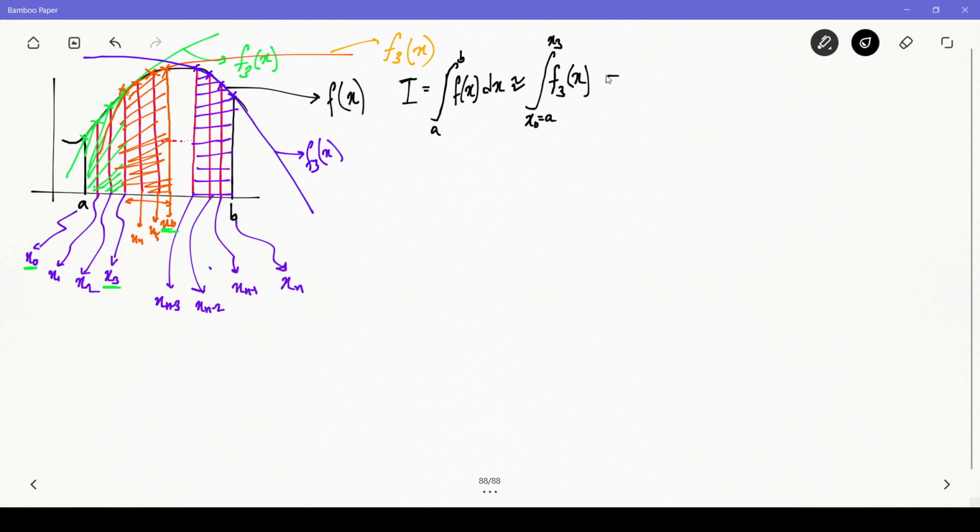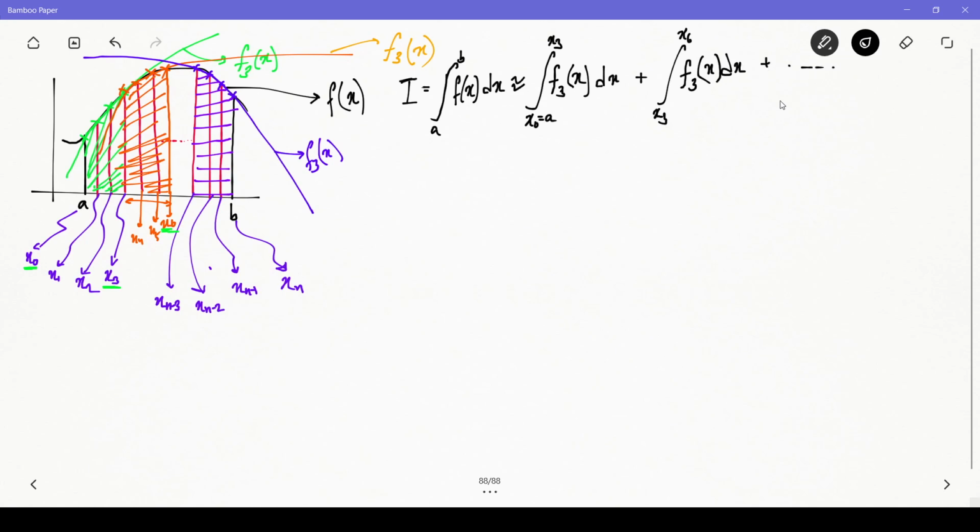And here we write dx, plus what we have from x3 to x6. We'll work with the next three consecutive segments. My bad, this will be x3 up to x6. We are working with another third order polynomial, and we'll try to find the area underneath it.